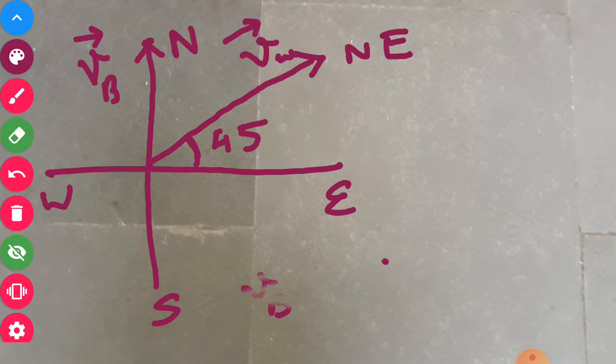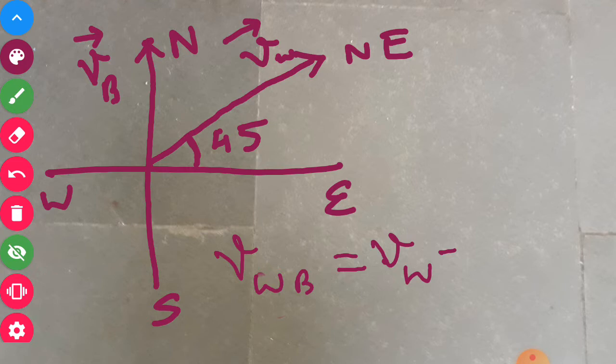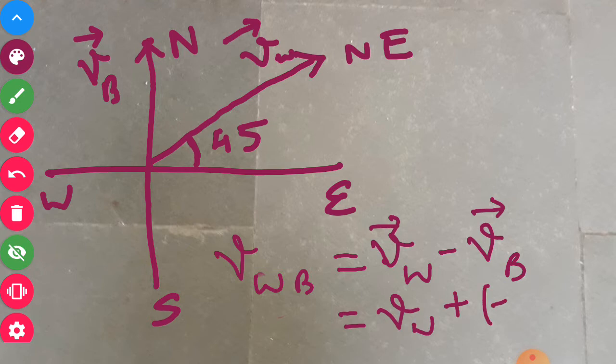So we will write here velocity of wind with respect to boat. That velocity of wind with respect to boat can be obtained by velocity of wind minus velocity of boat, which is nothing but velocity of wind plus minus velocity of boat.